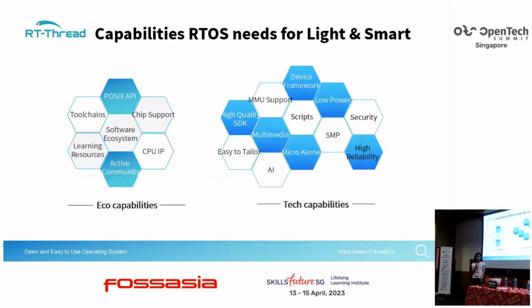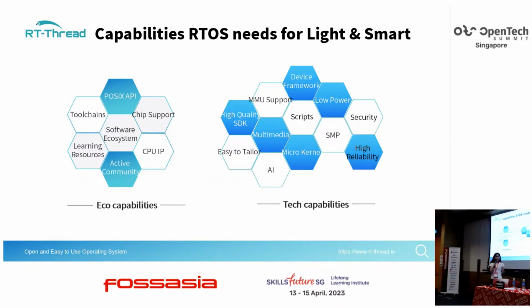At the age of the lightweight and smart, we feel that the RTOS is more in demand than ever before, both from the ecological side and the technical side. It requires more features. From the ecosystem side: the POSIX API, chip support, software ecosystem, learning resources, CPU IP, and tool chains.